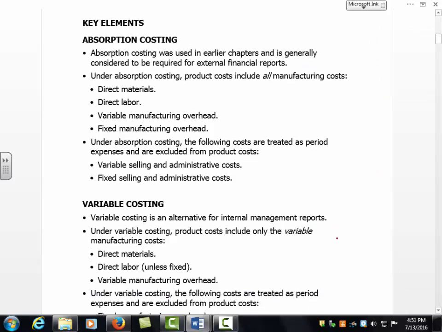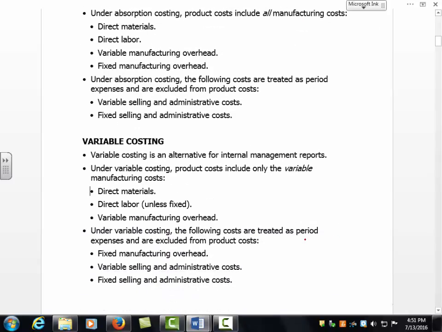So going to variable costing now, we're going to organize our income statement differently. So up above we had sales minus cost of goods sold is gross margin, minus operating expenses is net income.